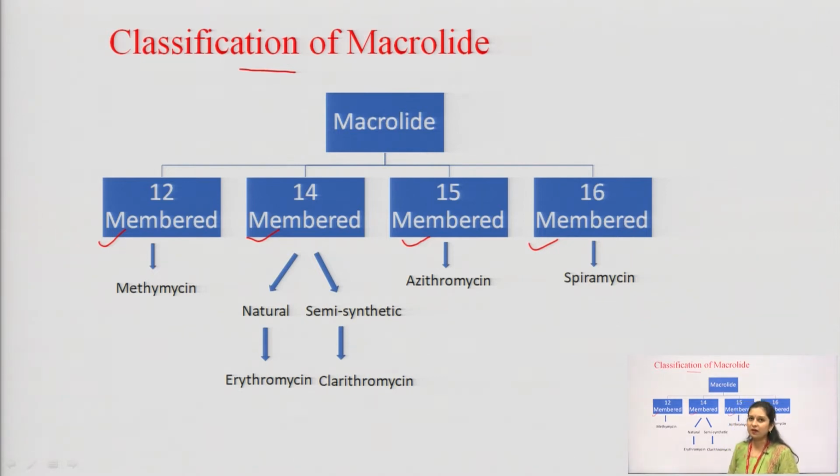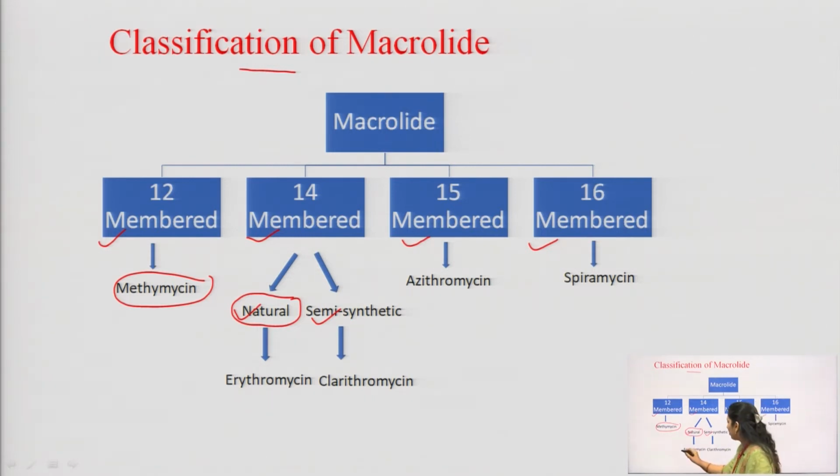If we see the example, methymycin is an example of macrolide in which 12 atoms are present in the lactone ring. Next we see 14 membered. 14 membered macrolides are classified into 2 parts. One is natural and second is semi-synthetic. What do we understand? Natural, which are obtained directly from the different species of microorganisms.